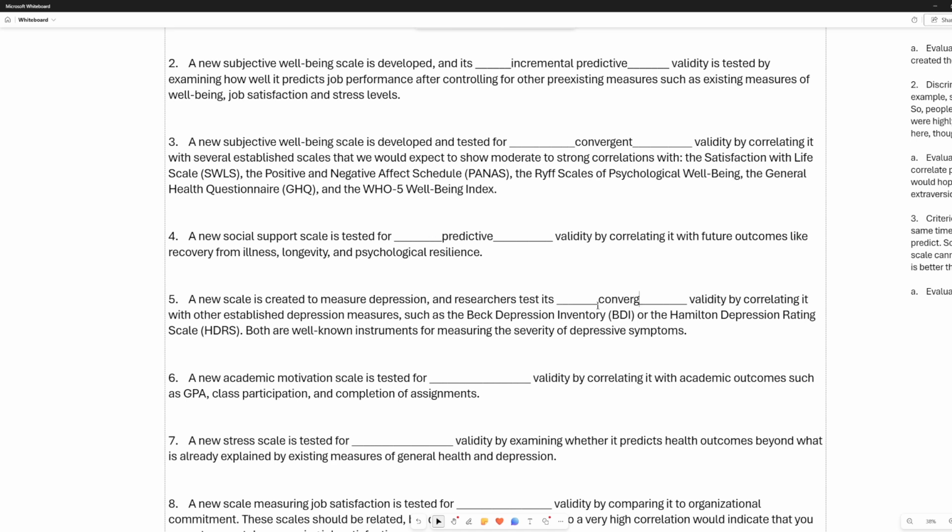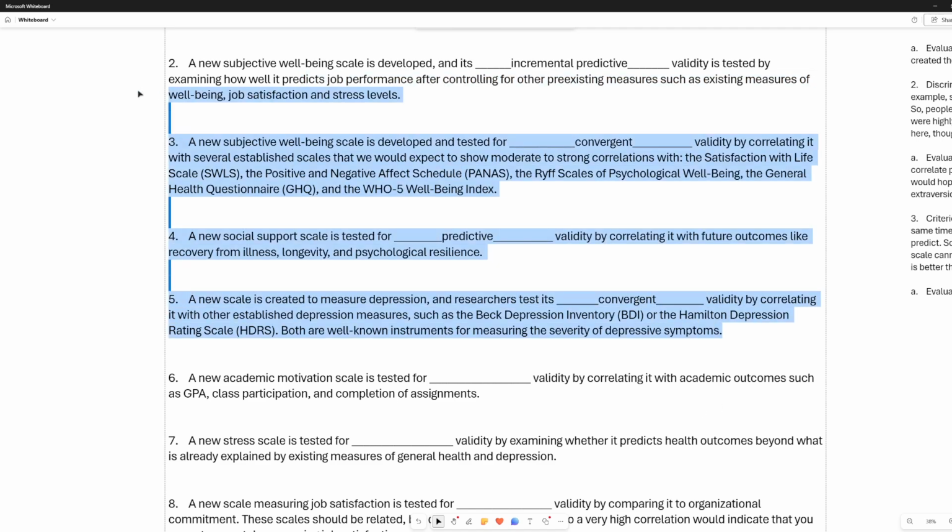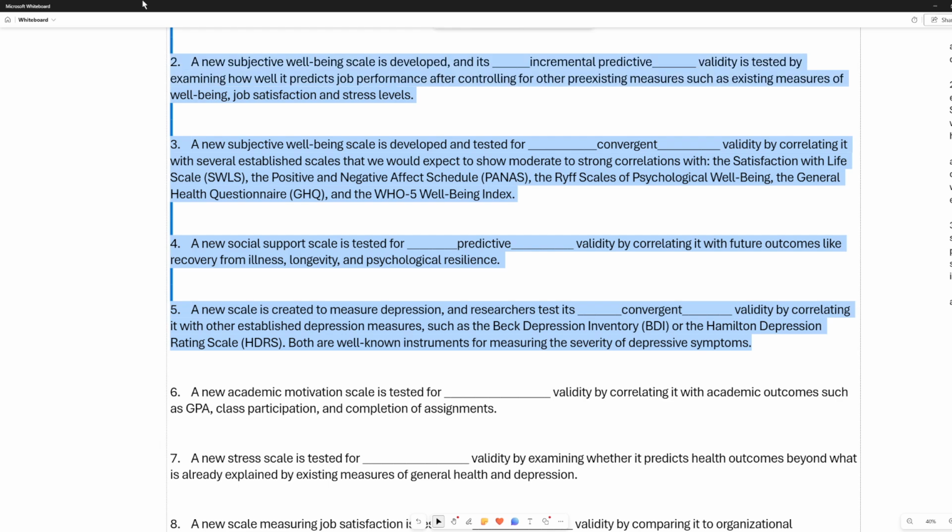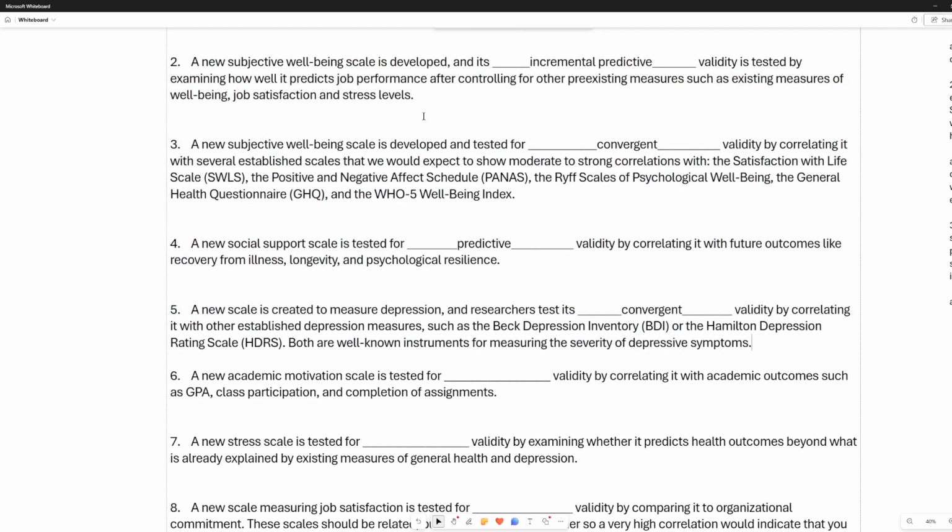So this would be convergent, because we would expect that if I'm measuring the correct thing, which is depression, then I probably would want to see that my scale correlates with other measures of depression. If it didn't, well, it probably doesn't seem like we're measuring depression. And that's how validity works, is that if you failed any of these, well, it probably doesn't make sense that your new scale is measuring the correct thing.